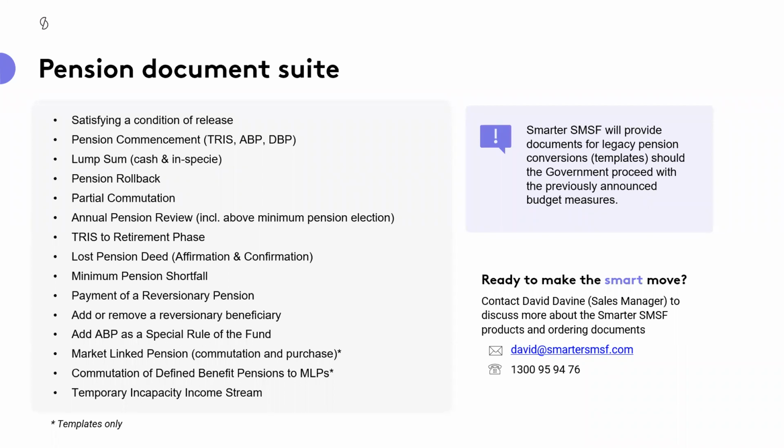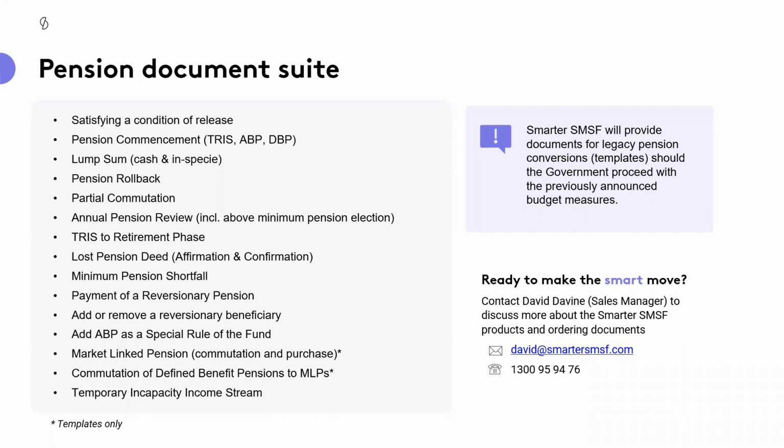Now, there's one there that I did deliberately overstep, and I'm going to come back to now, and that is our lost pension deed. It is a very unique document in the marketplace because what we have done is we have now developed something following the Narraman case in 2018 that allows you to try and re-establish a pension as being on foot where we don't have pension documents or the documentation that we have is insufficient.